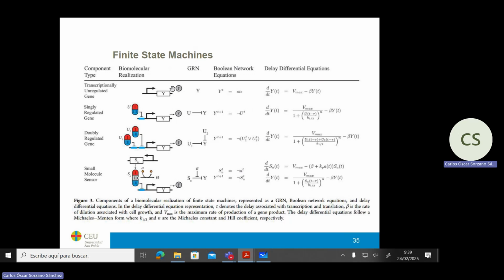You can say Y is always expressed, or Y at t plus 1 is the negation of U. Or Y at t plus 1 is the negation of U1 or U2, or you can write the logic of any one of these systems, or you can even write the differential equation. So it is not only that it prevents, but at which rate it prevents. And here you have the rate at which they are prevented.